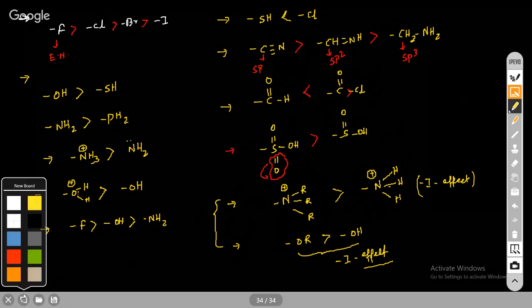Okay. Next one, you see the number of plus I group is relatively very less. This order is sometimes important. If you write down the isotopes of hydrogen, that is CT3, then CD3, then CH3, then the plus I nature of CT3 is maximum.